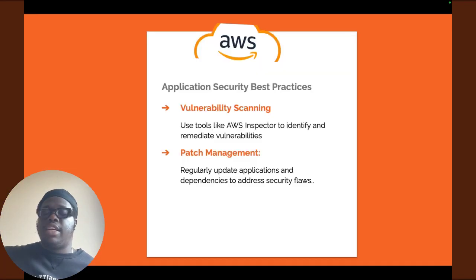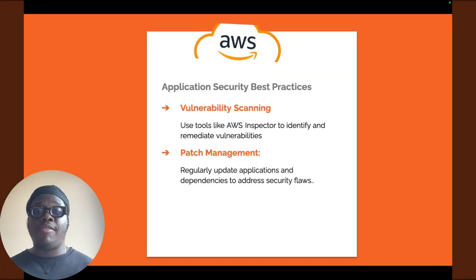All right. Next, in our workload, we're going to have application security best practices. You can use tools like AWS Inspector to both identify and remediate vulnerabilities that would arise when working with these kinds of workloads.